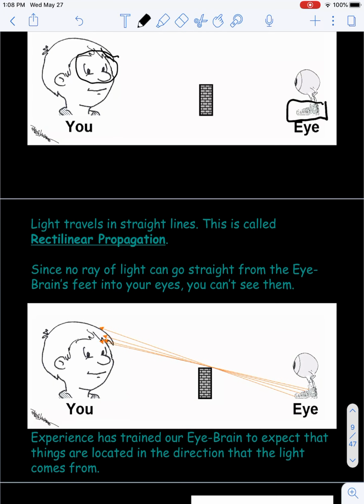Since no ray of light can go straight from the eye-brain's feet into your eyes, you can't see them. His feet are not a source of light. But should light be reflecting off of them, let's say because it's daytime, or even nighttime and we have lights on, you still wouldn't be able to see the eye-brain's feet.